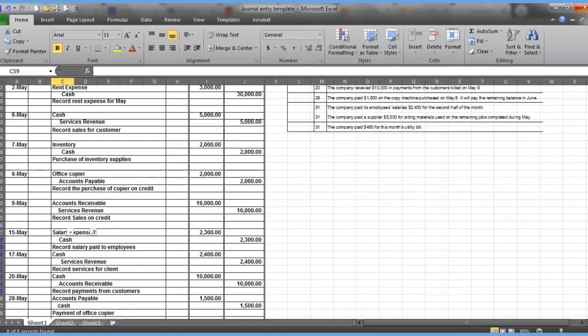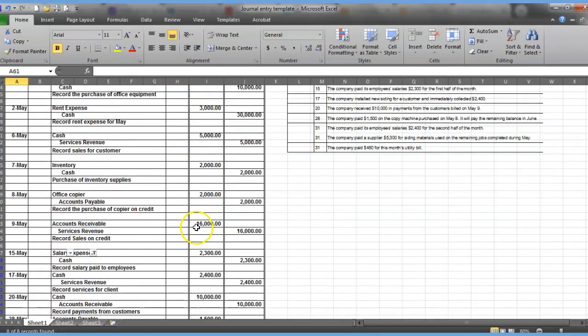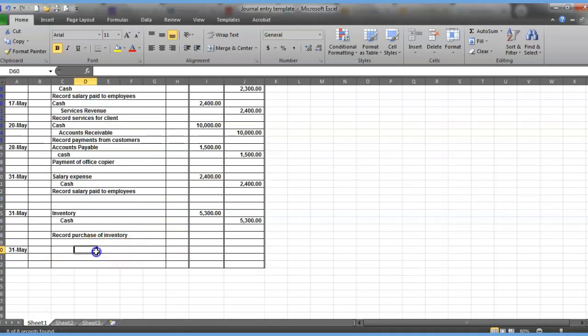Let's look and see what's the last one. Pay $450 for this month's utility bill. And we're going to record the payment. So we have to record the use of utilities. I'm going to call it utilities expense. We used it, $450.